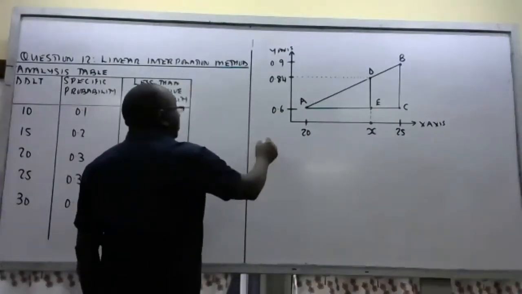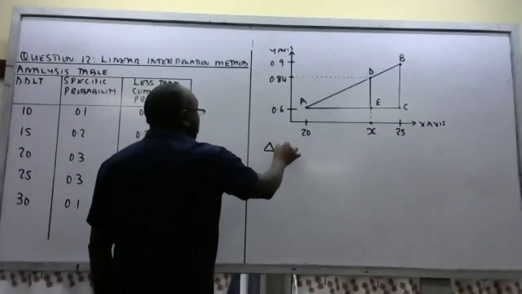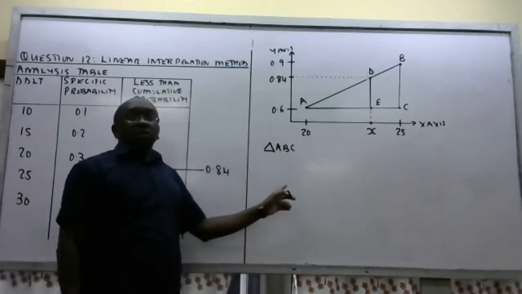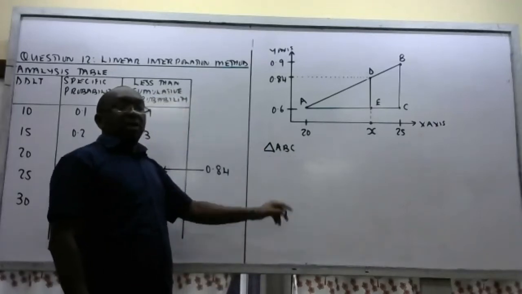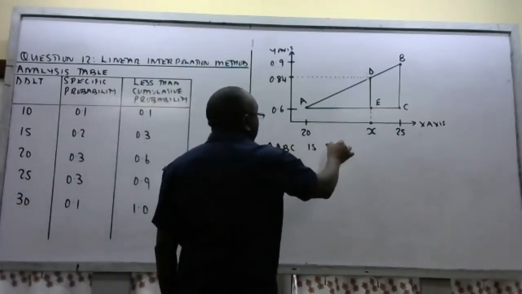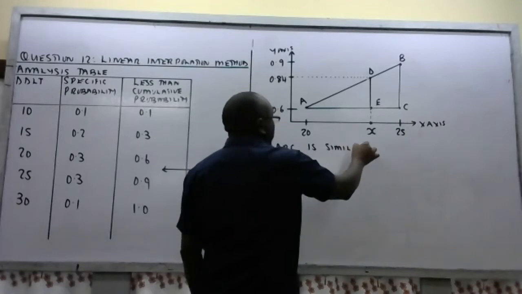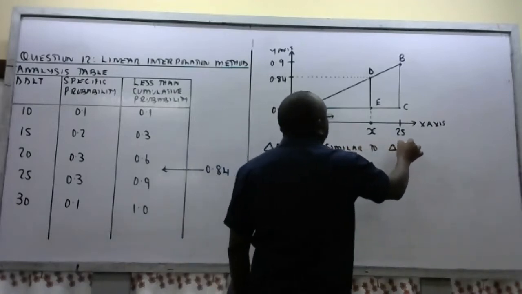So then we come here and say, triangle ABC, when you use this symbol it is interpreted as triangle. So triangle ABC is similar to triangle ABE.